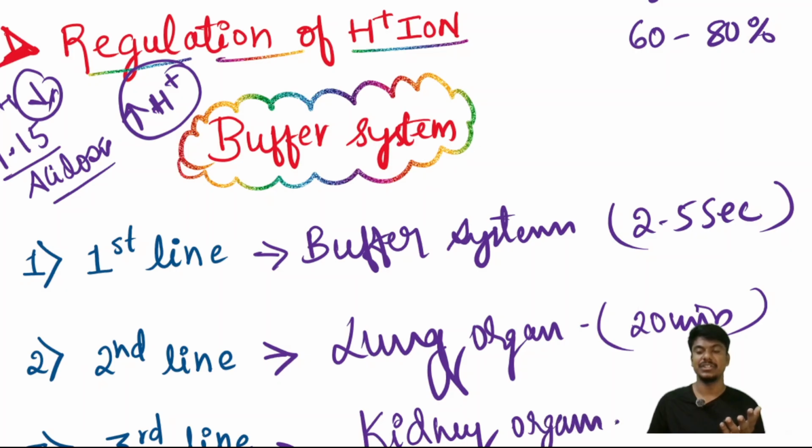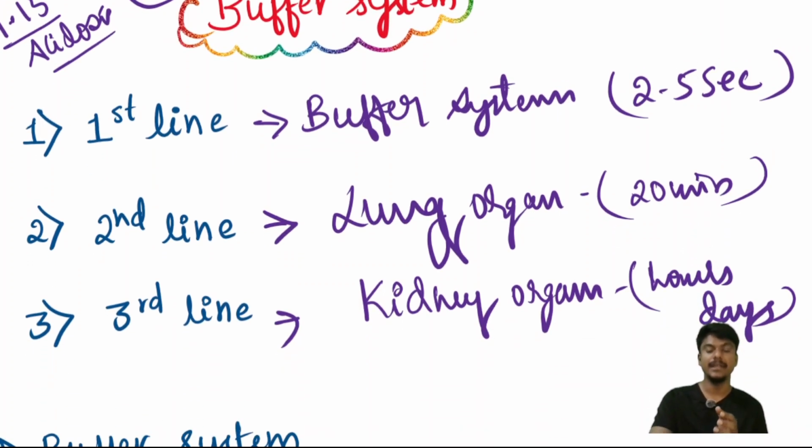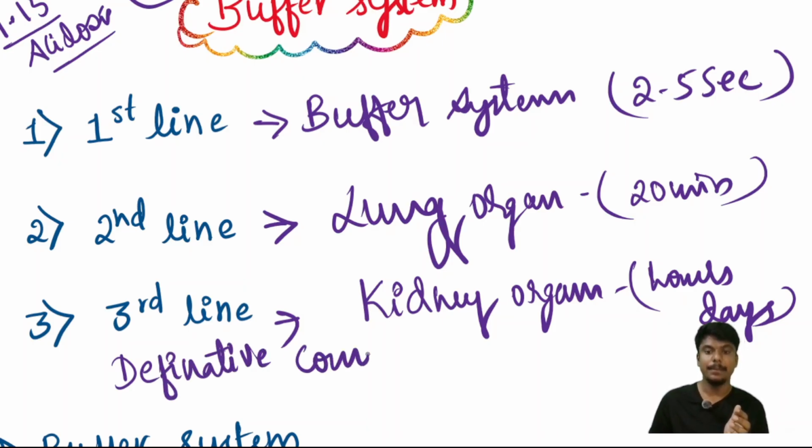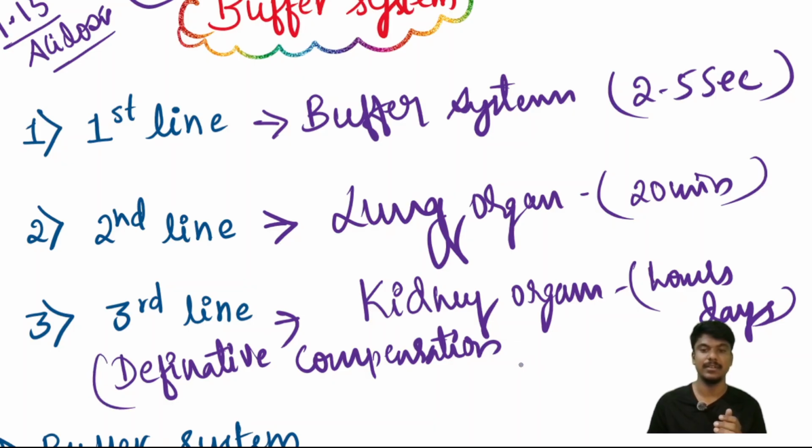It will take hours to days, we don't know exactly, that's why I'm telling you it will take from hours to days. But the kidney will make a definitive compensation for alteration in an ABG parameter.